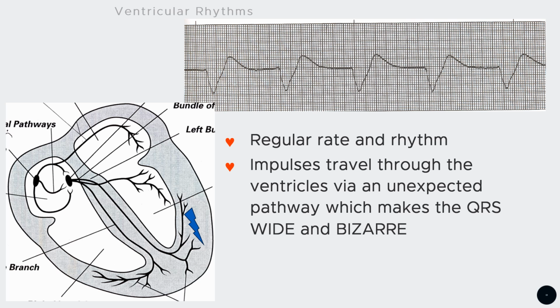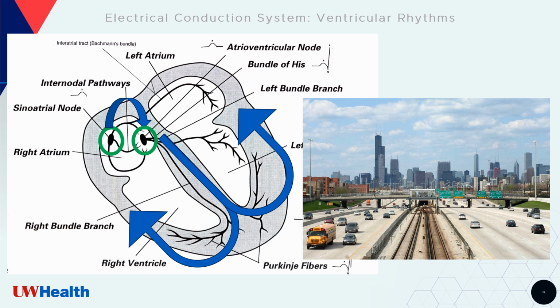It could be anywhere in the heart, but there's a single focus in the ventricular tissue that is beginning to generate those impulses and then shoots that electricity on a cell to cell communication, which leads to those wide and bizarre complexes.